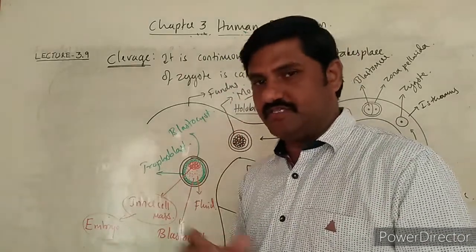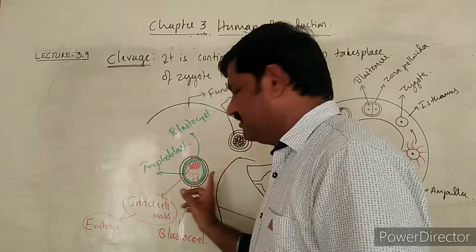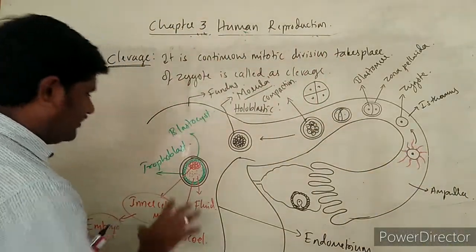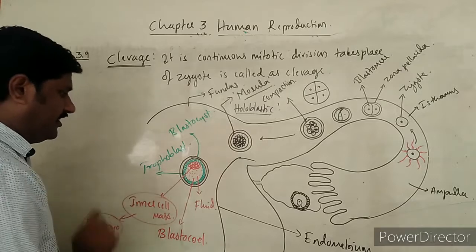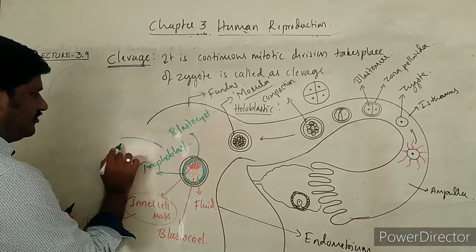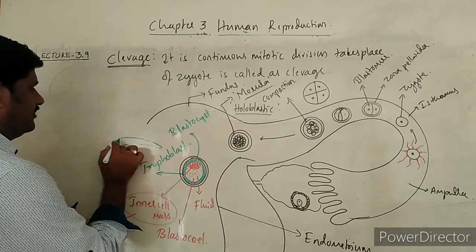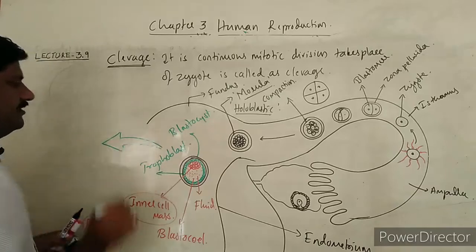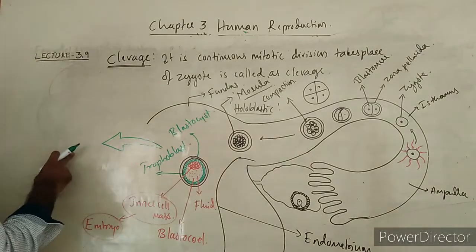Hatching of the blastocyst takes place from the zona pellucida itself. I shall show the same thing over here, the next stage.